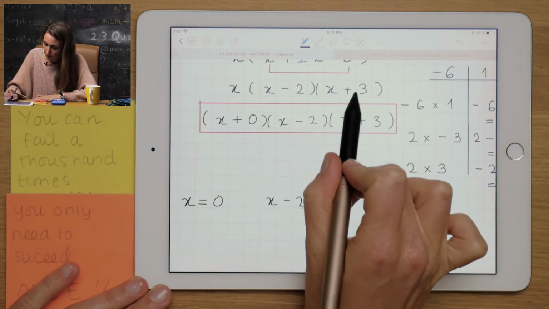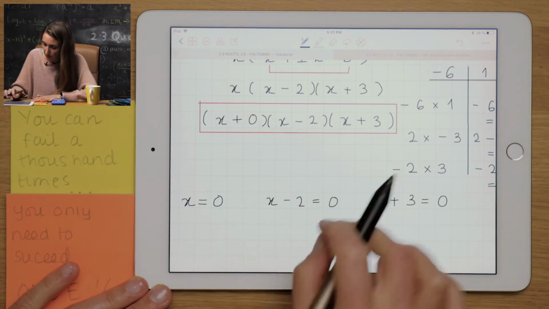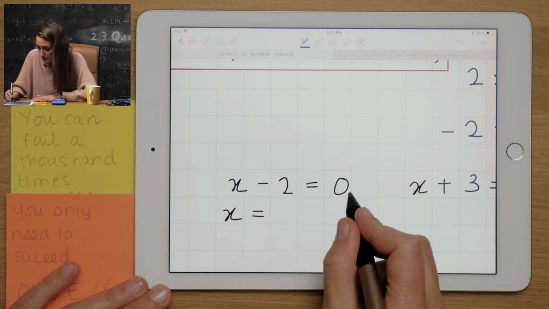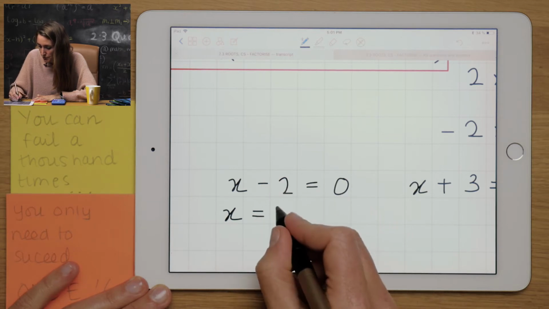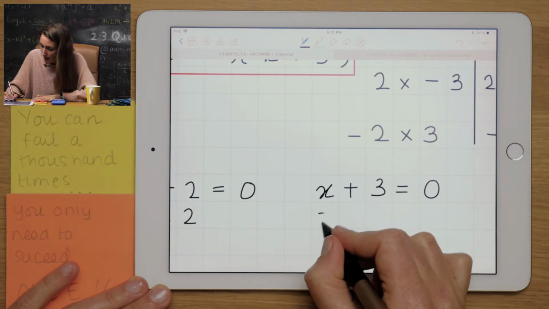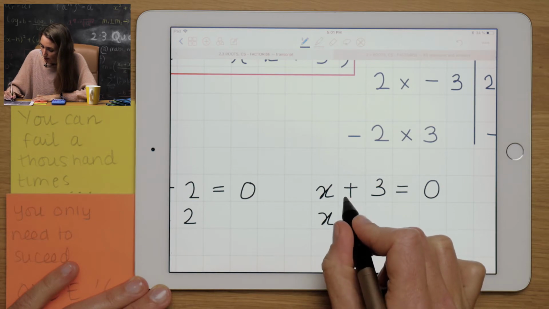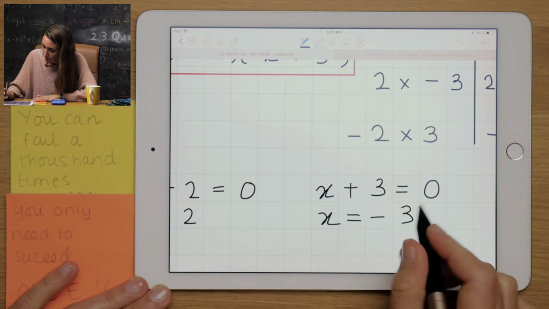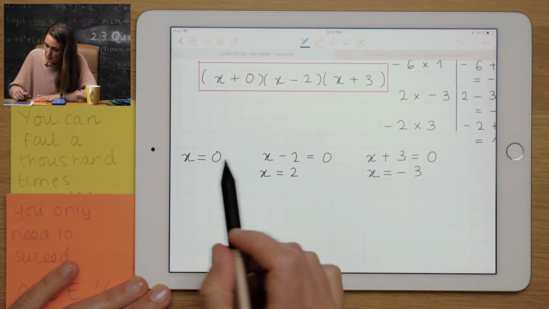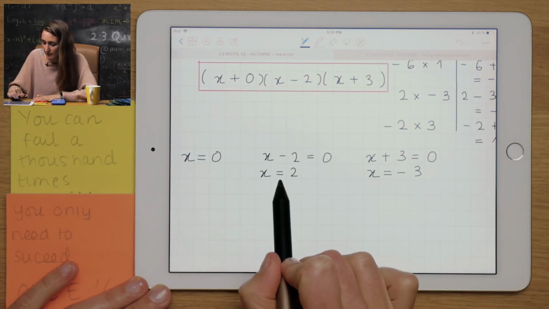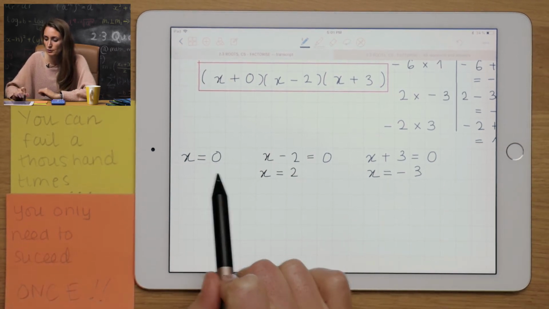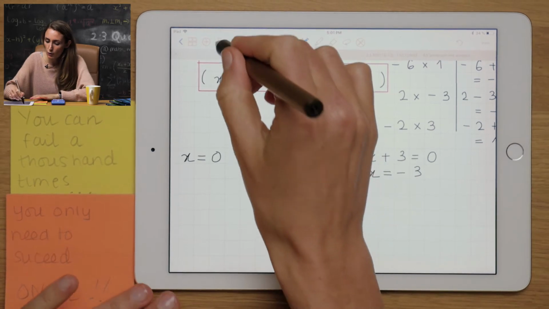Coming from each of those, this one is already finished. To finish this one, I need to move the minus 2 to the other side. 0 plus 2 will be 2. And here I need to move the plus 3 to the other side, and 0 minus 3 will be minus 3. So my 3 solutions are x equals 0, x equals 2, x equals minus 3. So my 3 solutions for my equation.